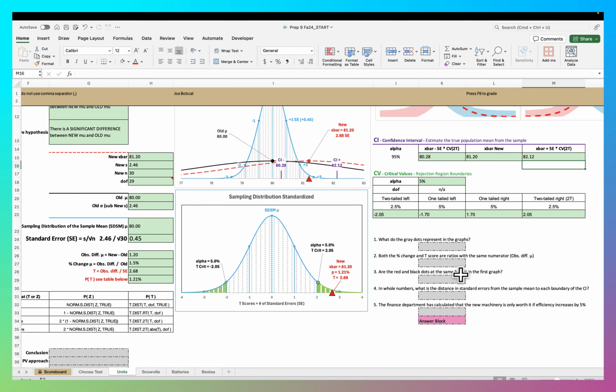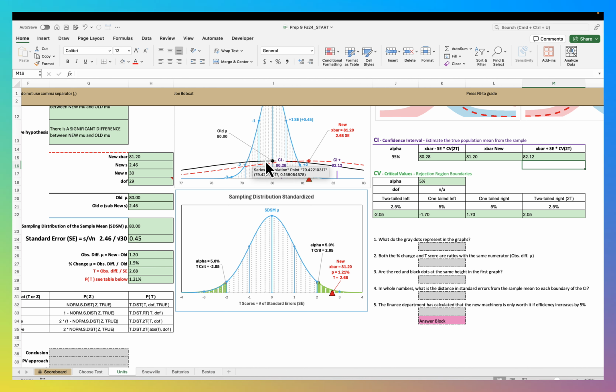Are the red and black dots at the same height in the first graph? So here's a red dot and black dot. And even though it sort of doesn't look like they are, they actually are. The reason that we know that they are is because the height of the dot is based upon the standard deviation, right?